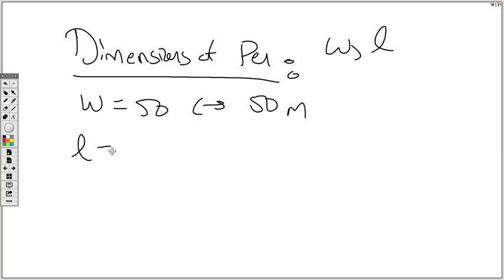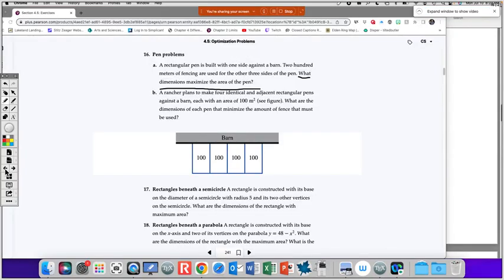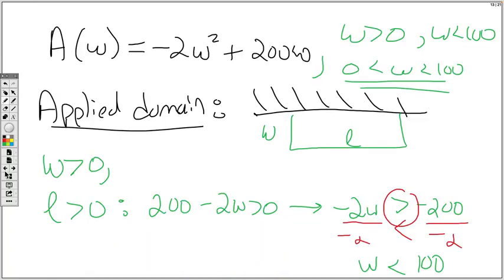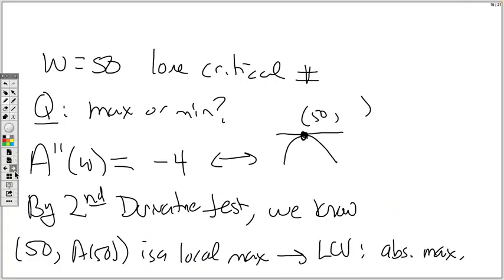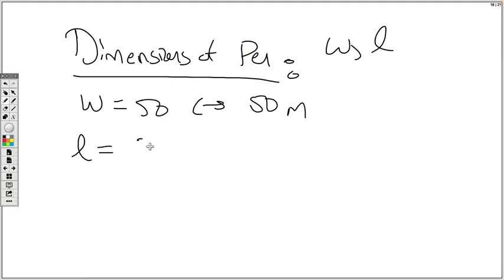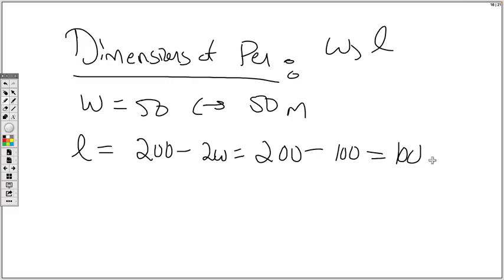And how can I figure out the length? Well, this is what's nice about what we did here. We've got the length in terms of the width. You follow? So the length is 200 minus 2w. So 200 minus 100, that would be 100. So 100 meters.